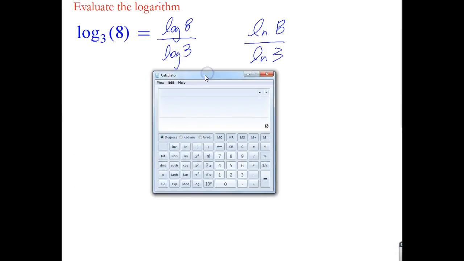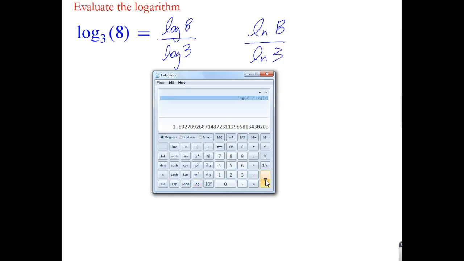So let's go ahead and we'll do logarithm. Where are you? Log of 8. Okay. 8 log divided by 3 log equals 1.893. All right.